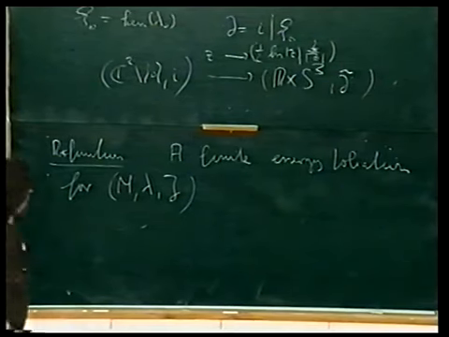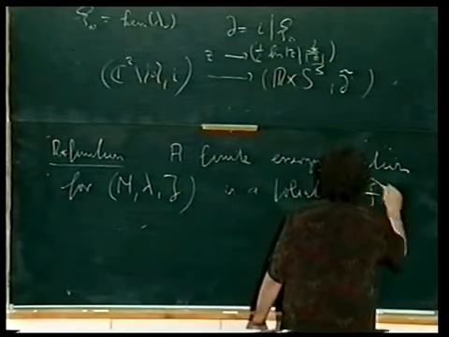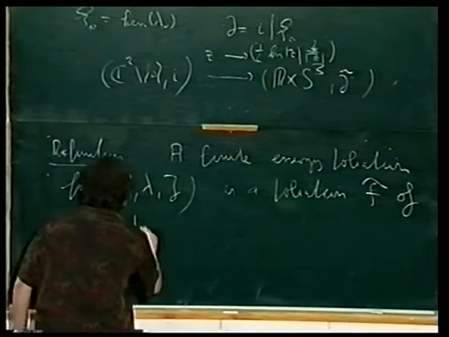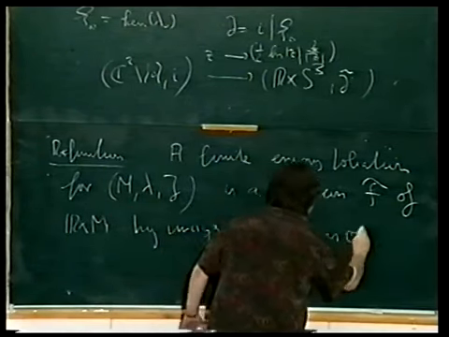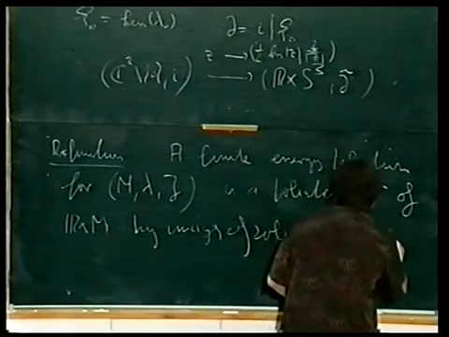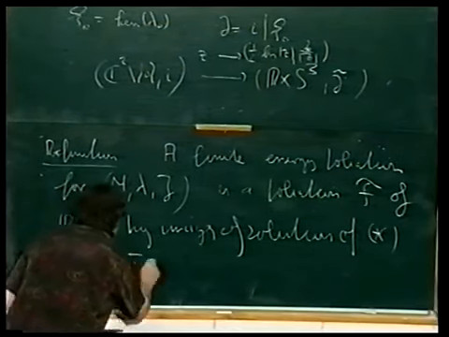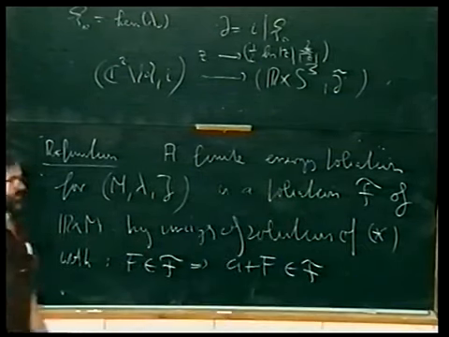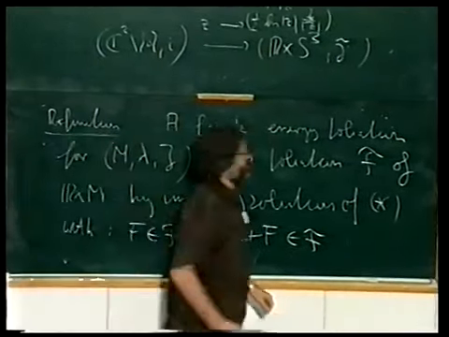A finite energy foliation for this is a foliation F of R cross M by images of, of course, embedded solutions of star, with the property that if f belongs to the foliation, then also a plus f belongs to the foliation. Yeah? So that is the notion which we get out of this particular trivial situation.